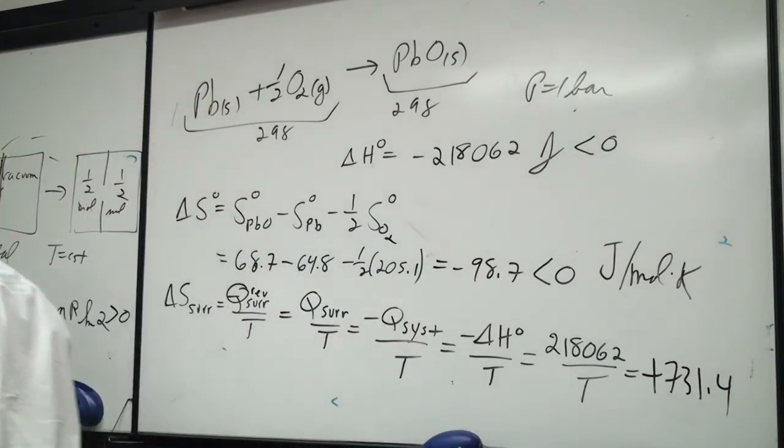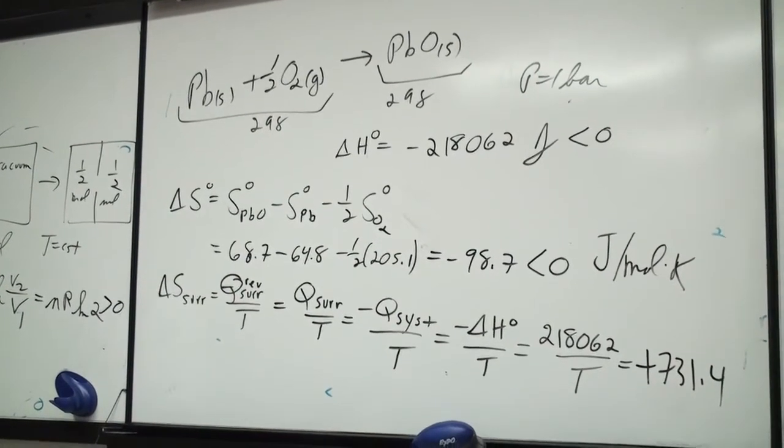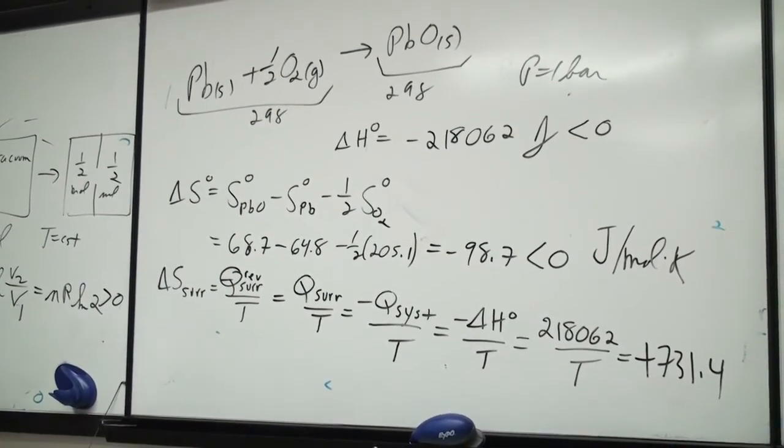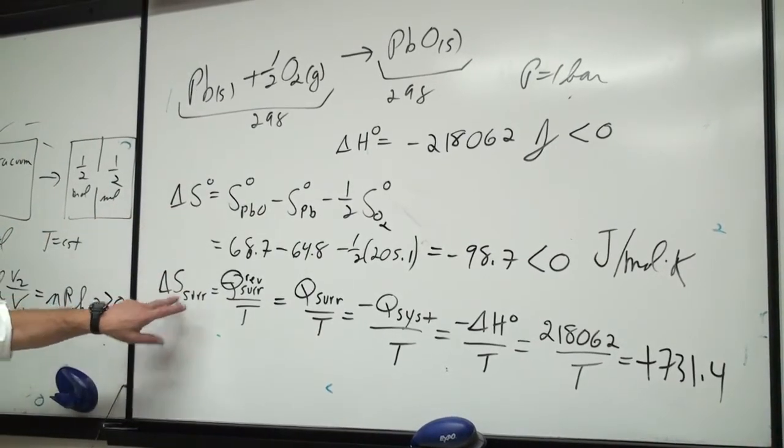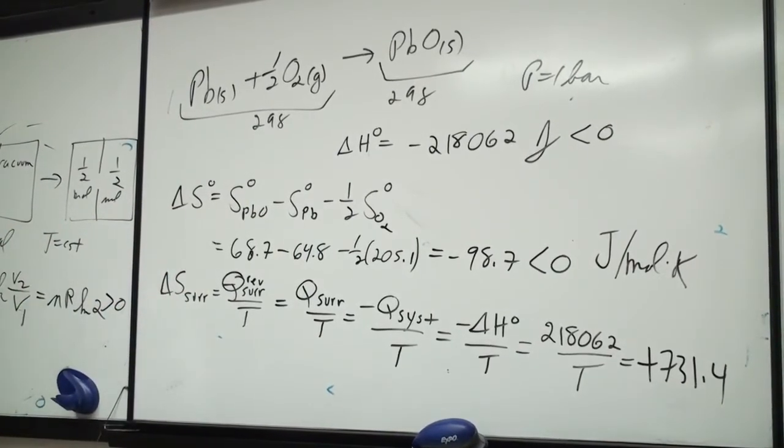So the entropy change of the surroundings is very positive because it sees a large amount of heat going into it. And the total entropy change, which is delta S of the system plus delta S of the surroundings, is very positive. So it's a spontaneous process.